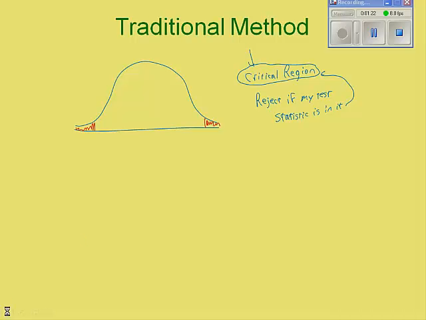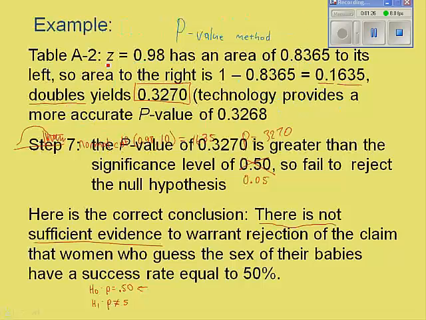I should go back and look at what those z-values were. Here we go. The z-value was 0.98. That was my test statistic.